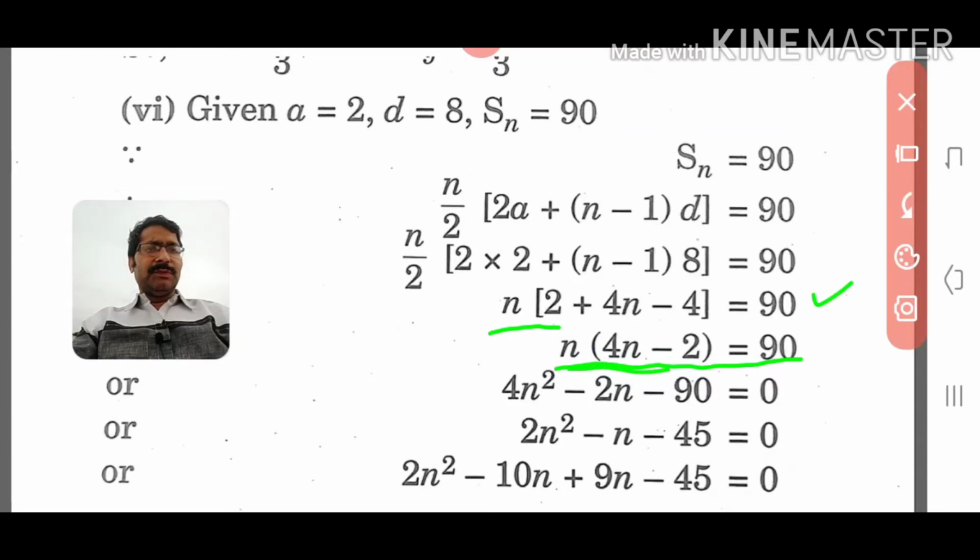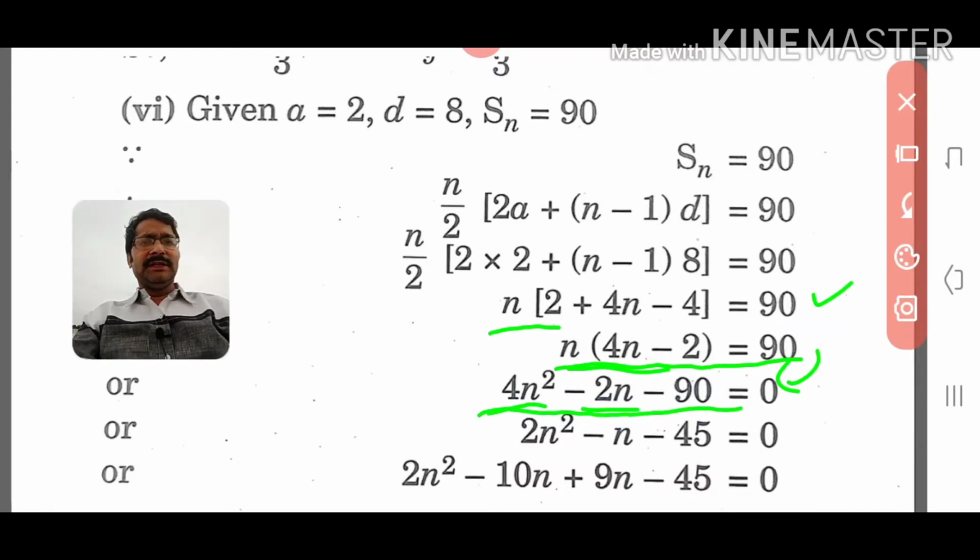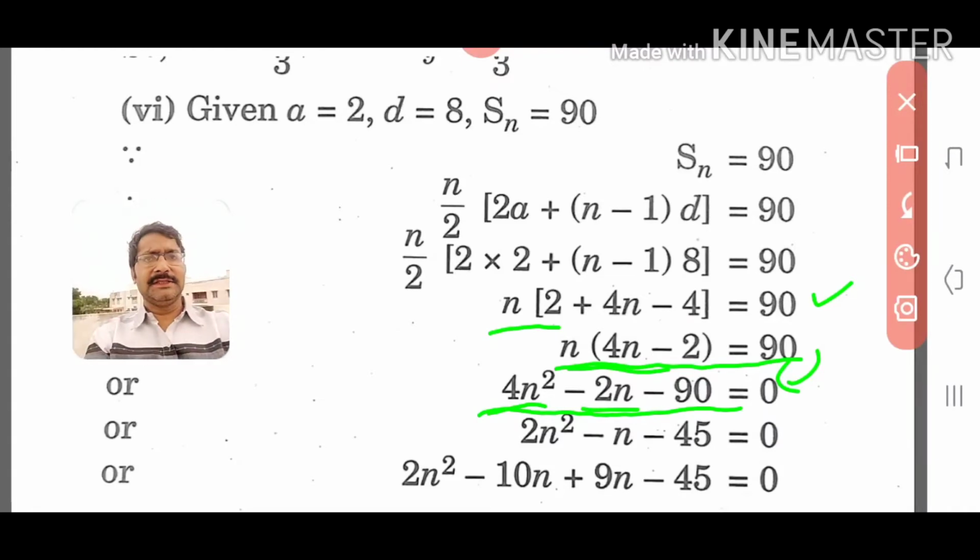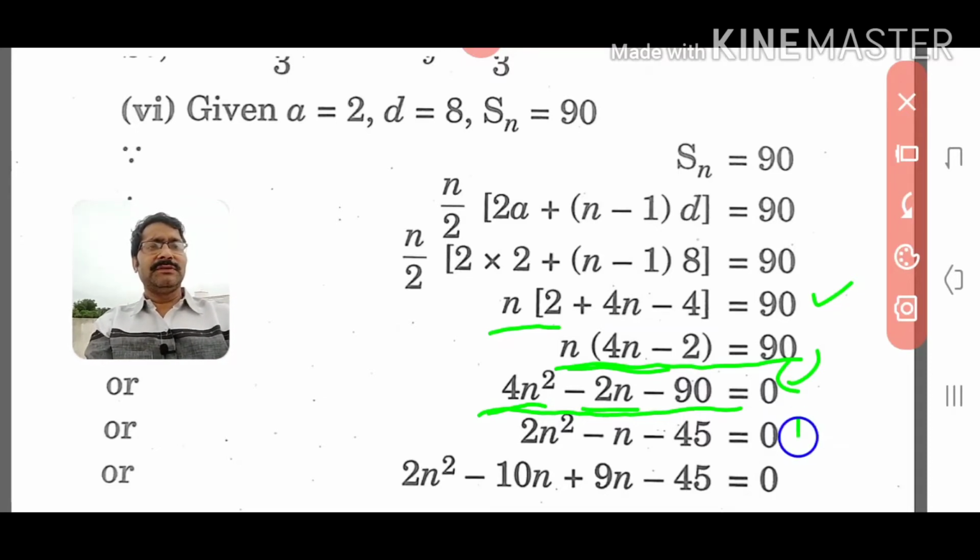Now you open this bracket, you get 4n square minus 2n, and this 90 you transfer to the left hand side, so you get minus 90. All these terms can be divided by 2. When you divide by 2, you get 2n square minus n minus 45 equal to 0.